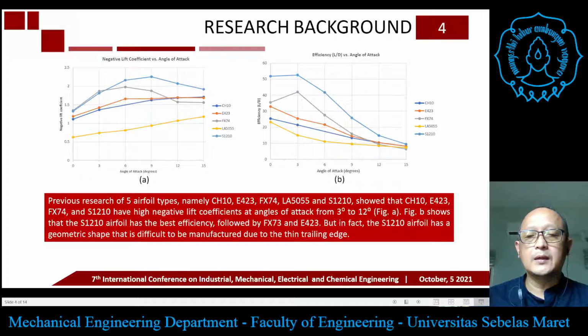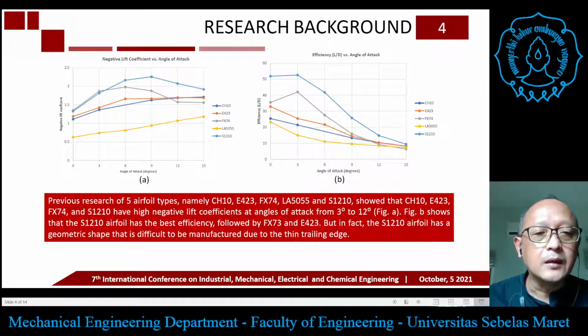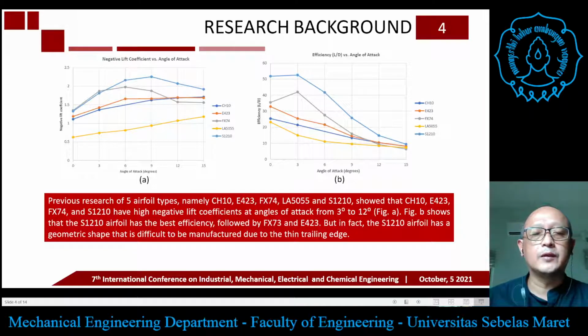It showed that the GH10, E423, FX74 and also S1210 have high negative lift coefficient at angles of attack from 3 degrees to 12 degrees, as shown in figure A.